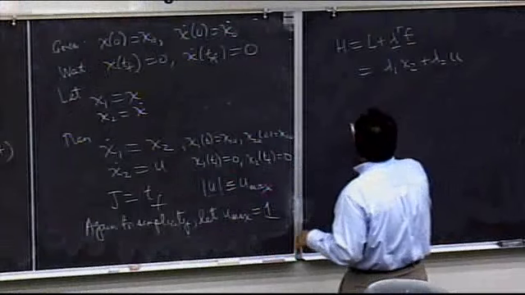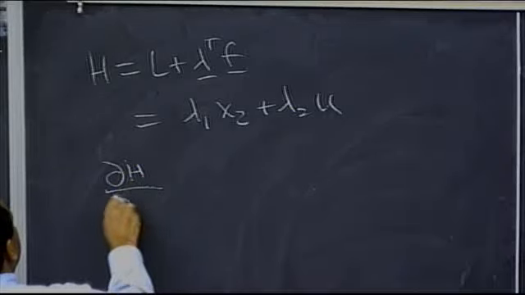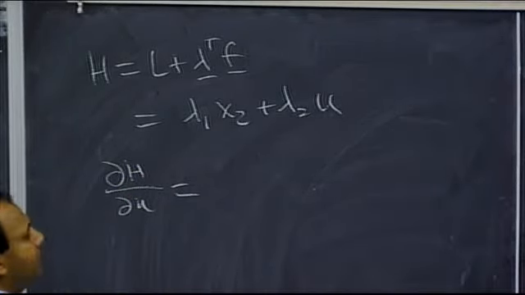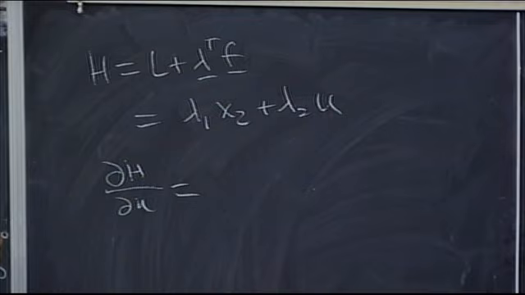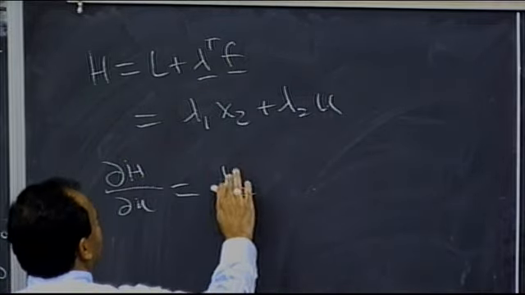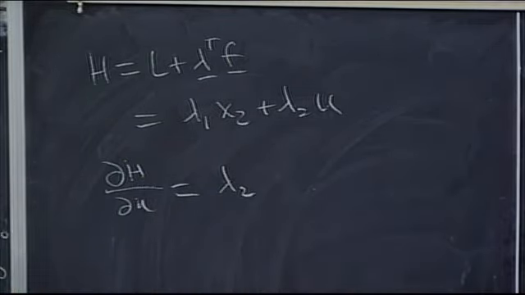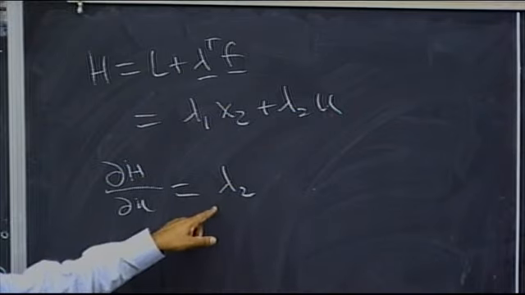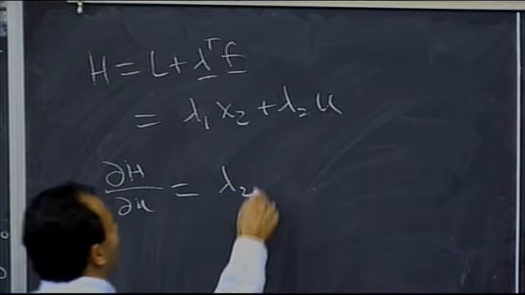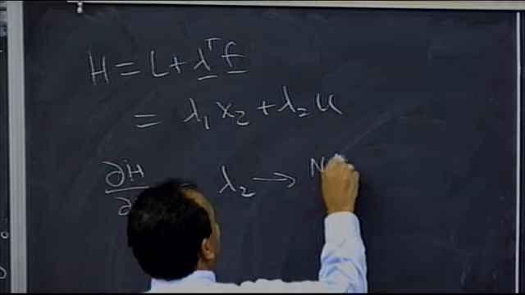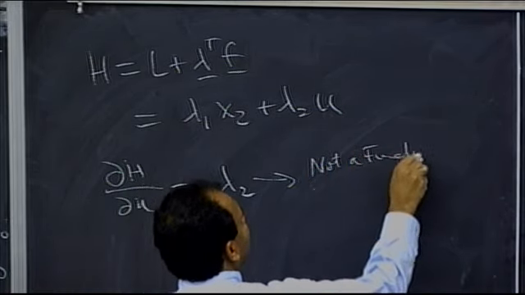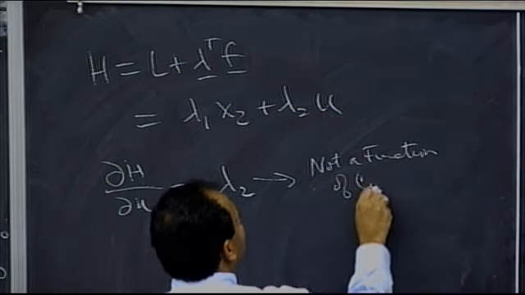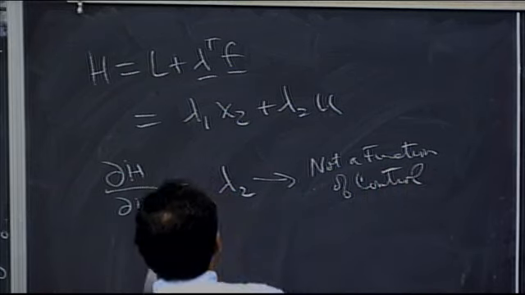So if I take the partial of H with respect to u, what do I get? I get lambda 2. Can I solve for the optimal control using this? No, this is not a function of control. So this does not give me any information on the optimal control.